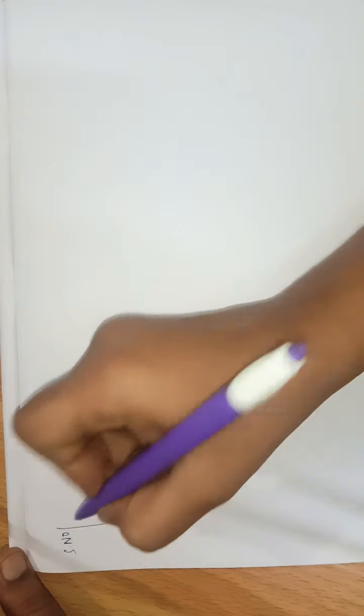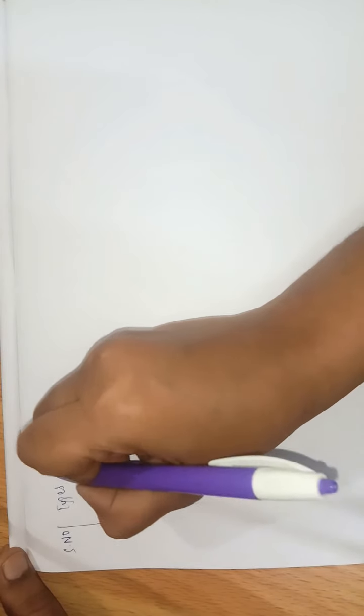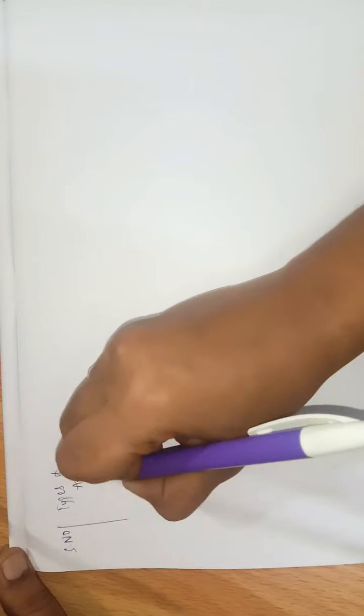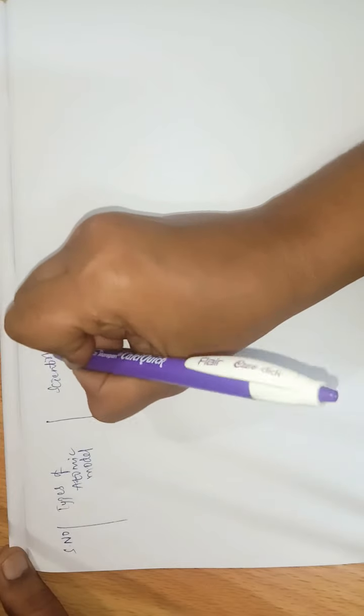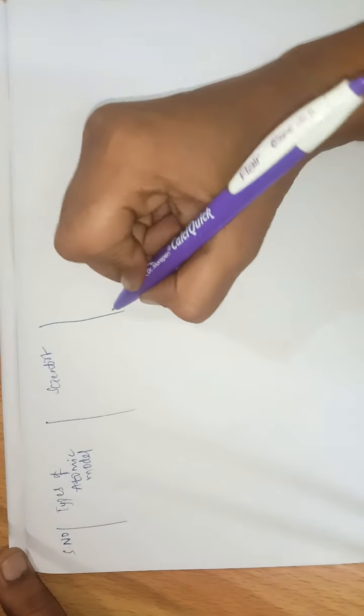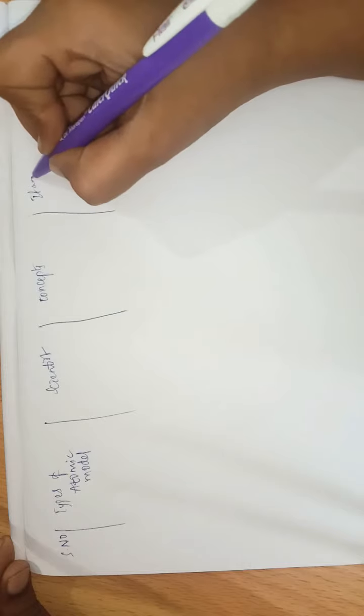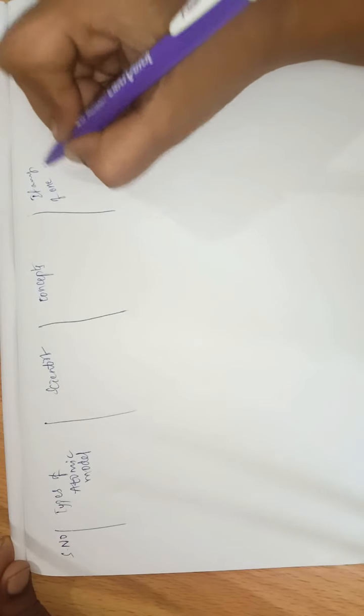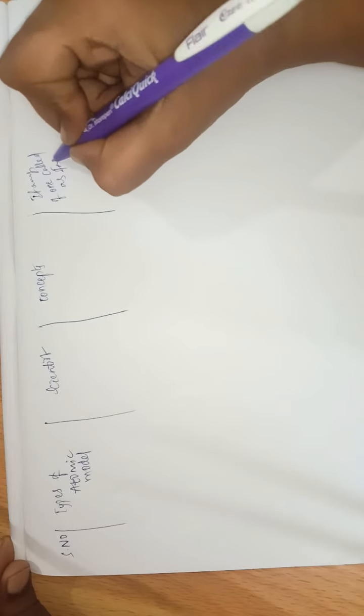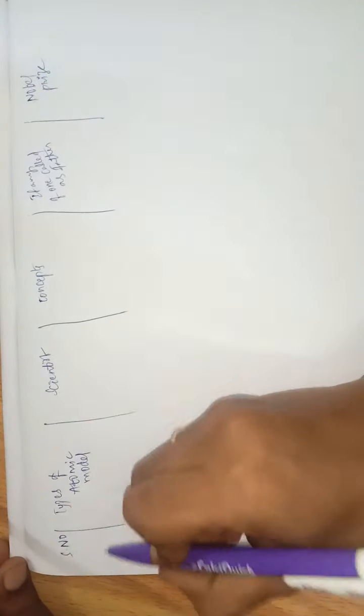Make a table. Serial number, types of atomic model, scientists, and concepts, and if any of them is called the father, and Nobel Prizes.